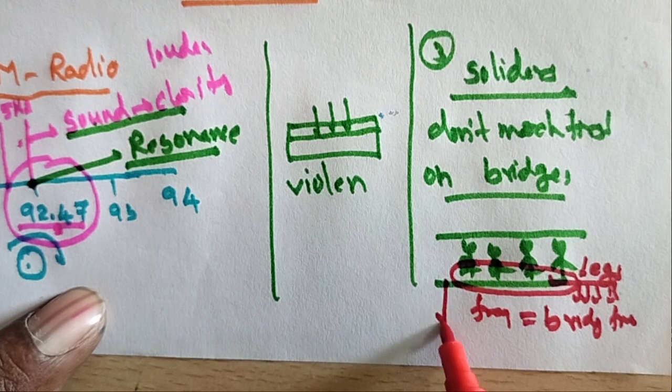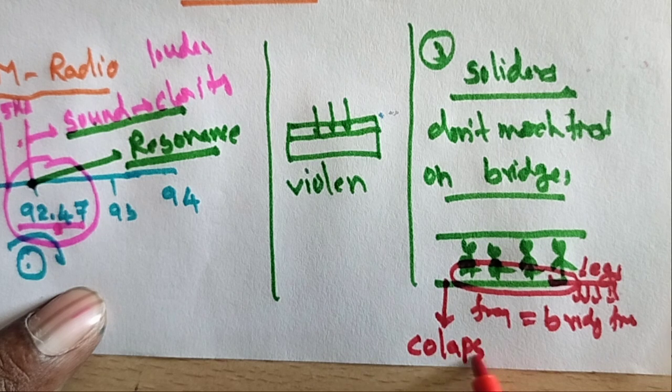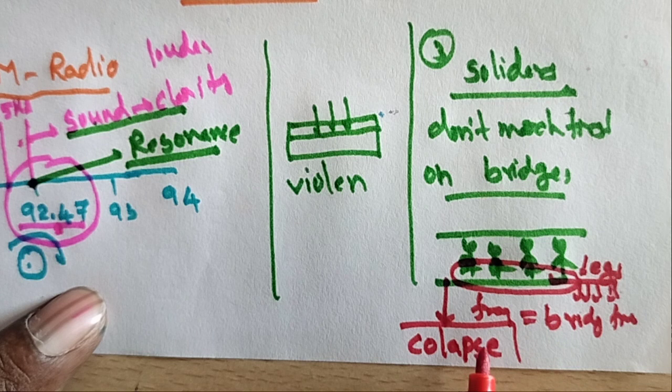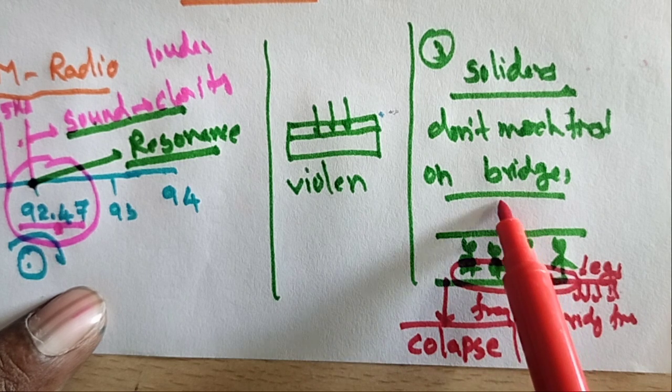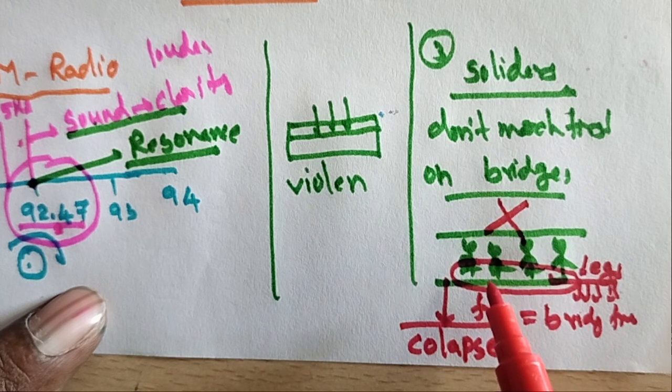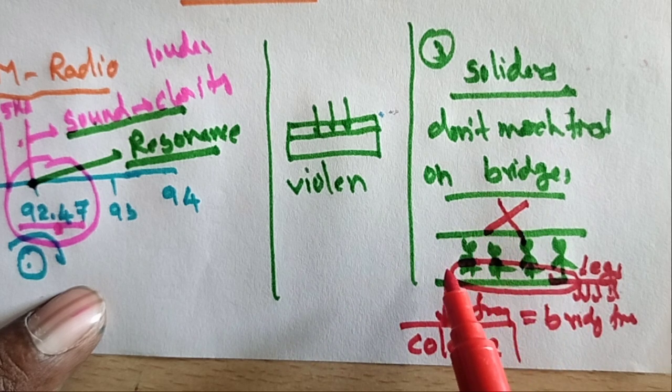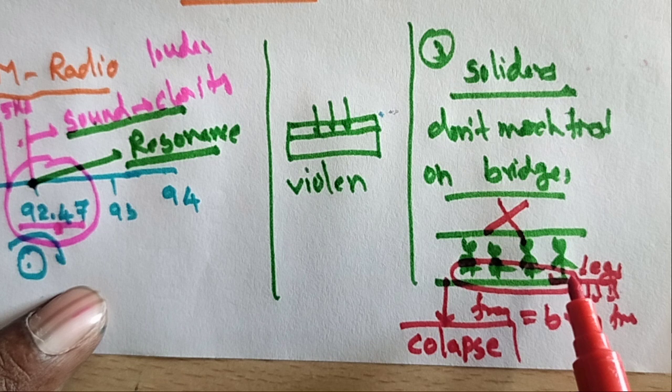Due to maximum amplitude, the bridge collapses. Due to the resonance process, the bridge will collapse. Therefore, soldiers do not march in step on bridges. The soldiers walk normally.